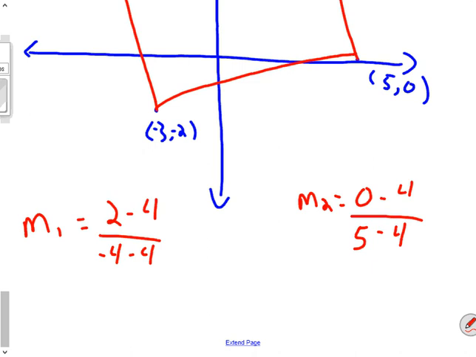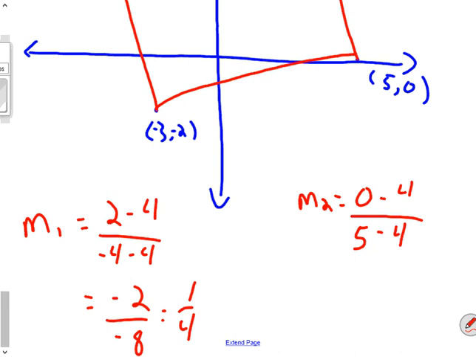So M1, 2 take away 4 is negative 2, all over negative 8. Negative 2 and negative 8, the negatives both cancel though. Right, it's 1 over 4. Negative 4 take away 4 is negative 8.